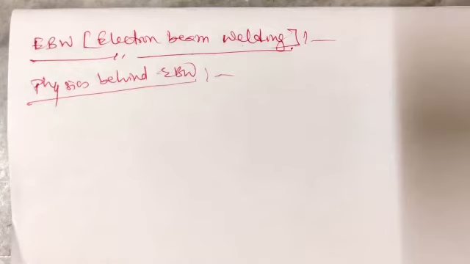EBW can be so intense that the loss of material due to evaporation or boiling must be taken into account, because like in the EBM process, the material is melted and vaporized. So here also metal deposition will be there, joining the two materials, but some part will get vaporized, which you have to take into account.